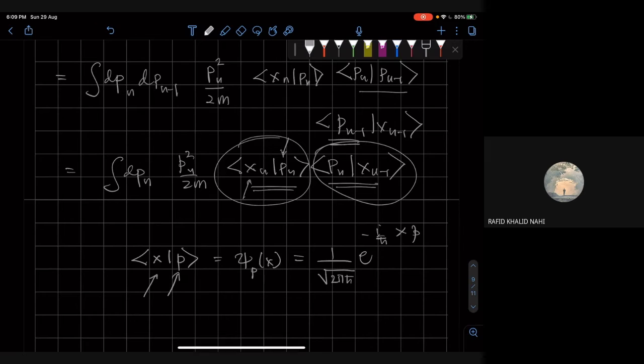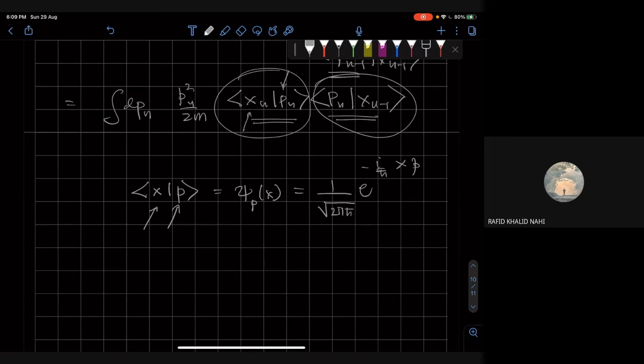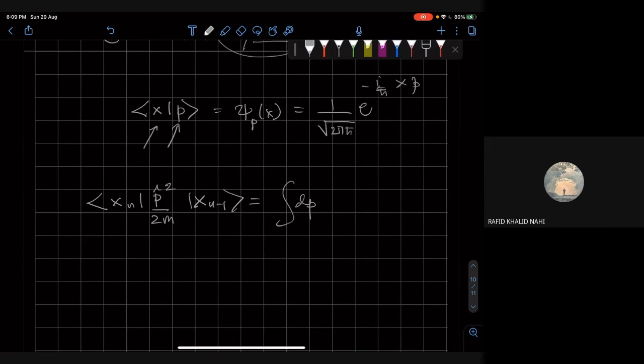If I apply it here, then I get that my inner product between x_n, the operator p squared by 2m, and x_{n-1} is the integral over dp, or I can call it p_n, it doesn't matter. Let's call it p_n.